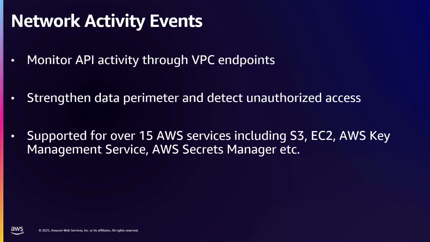So this was not possible previously, but because of this launch, you now have net new visibility into what's happening through these VPC endpoints. Right now, the feature is available for 15 odd AWS services, including big ones such as S3 and EC2, but we'll be adding more services and eventually getting to all 350 AWS services from a coverage perspective.